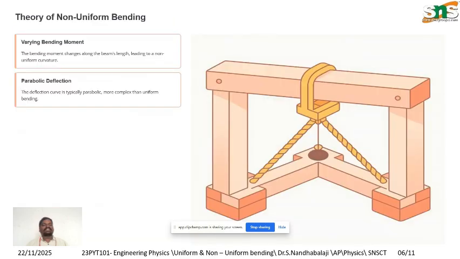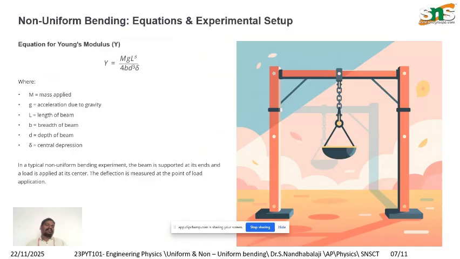In a typical non-uniform bending experiment, the beam is supported at its ends and a load is applied at its center. The deflection is measured at the point of load application, as the image shows. In the experimental procedure and observations, measure dimensions: accurately measure beam length, breadth, and depth using a vernier caliper and meter scale.